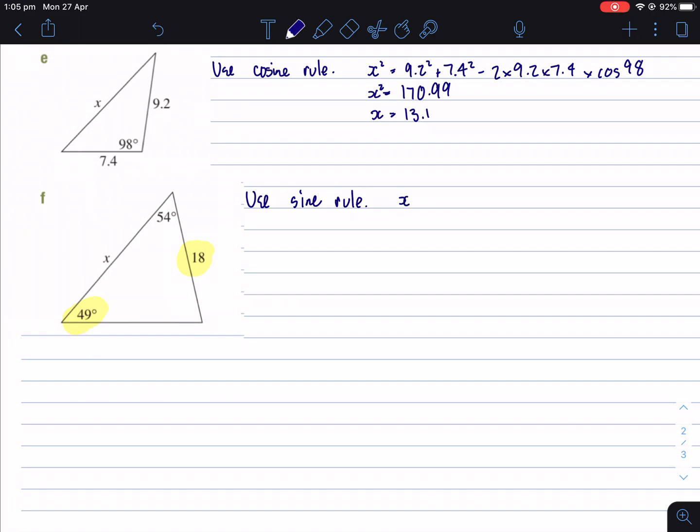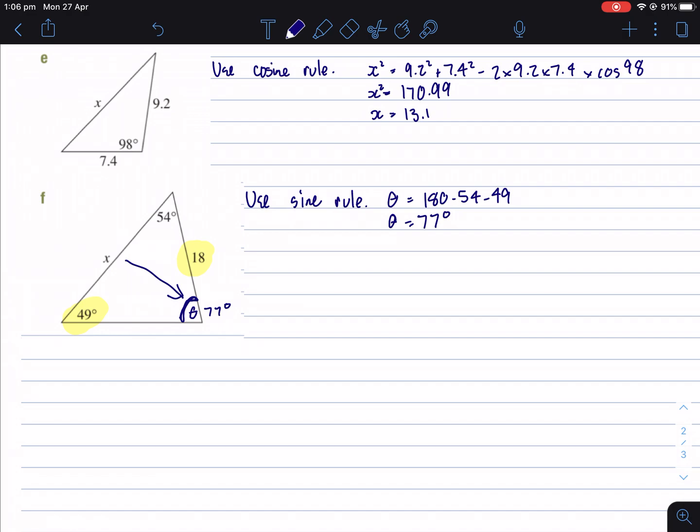So we've got x over, now the opposite angle to x, we're actually going to have to figure that out. I'm going to call that theta. Well, they all add up to 180, so we can do 180 minus 54 minus 49 comes out as 77 degrees.